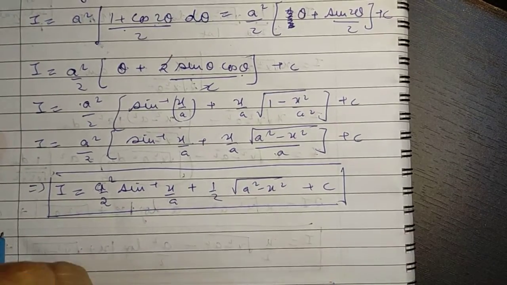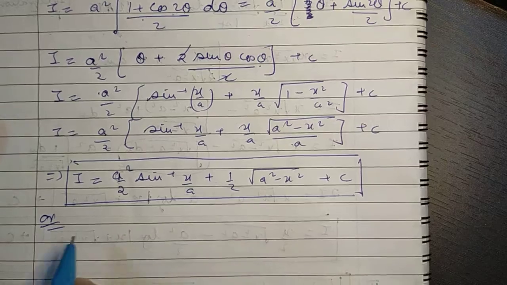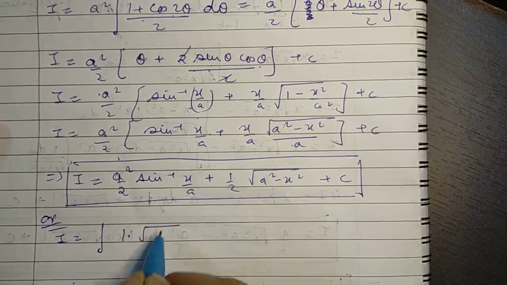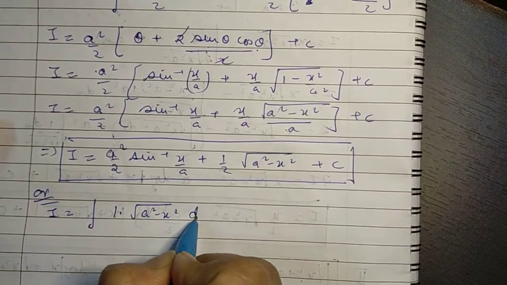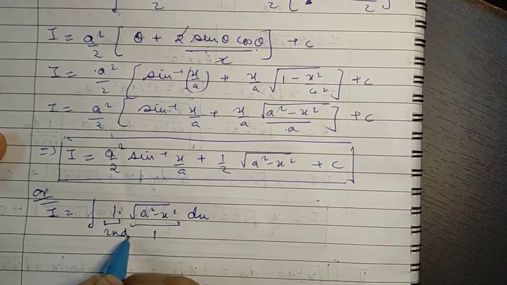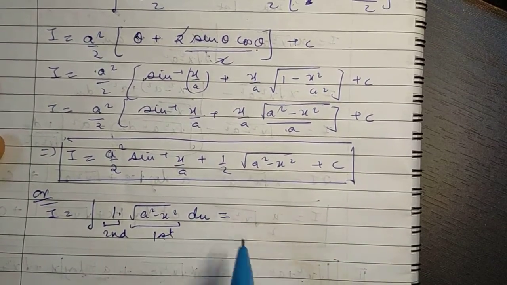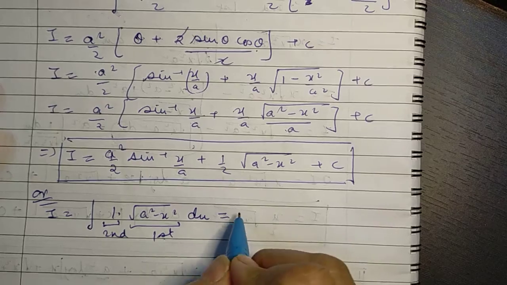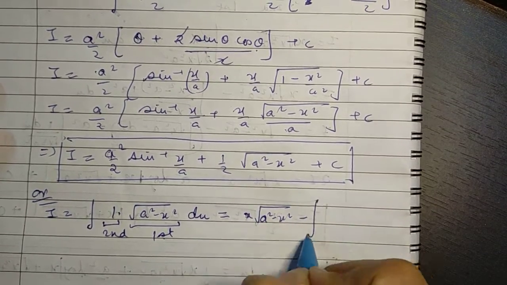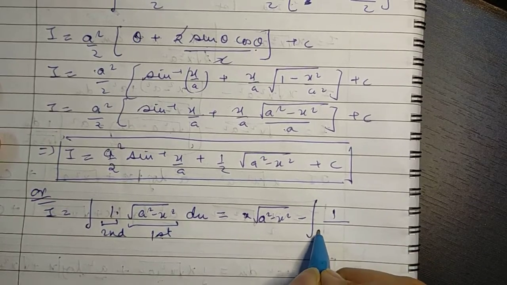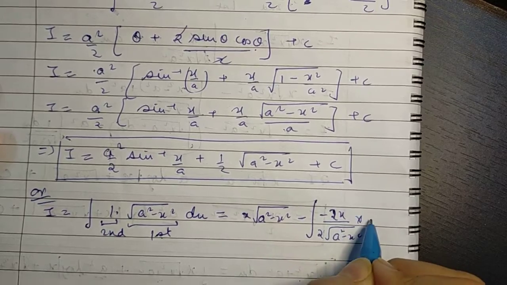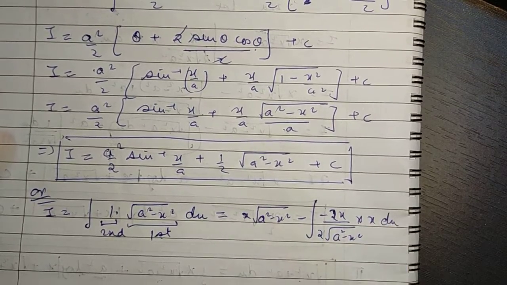The same result can be done by using integration by parts on the same lines as we did earlier. I is equal to 1 into square root of a squared minus x squared dx, and treating this as the first and this as the second function, we can write it as first function into integral of the second minus derivative of the first function into integral of the second into dx.